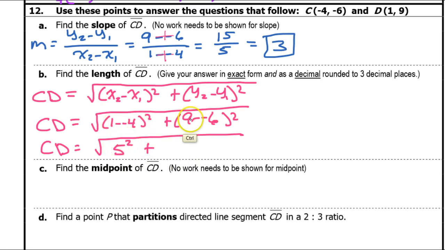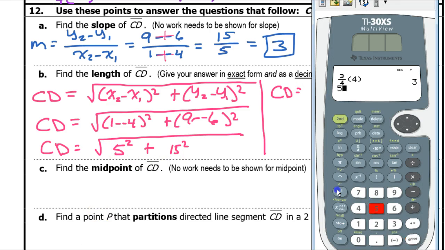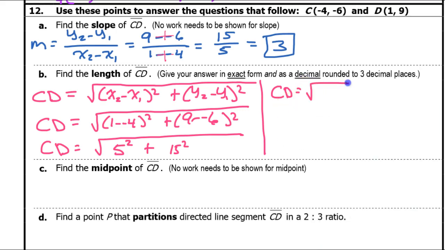And this is really 9 plus 6, so that's going to be 15 squared. What is 5 squared plus 15 squared? That's 250. So that's the square root of 250.